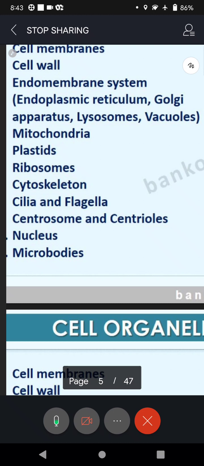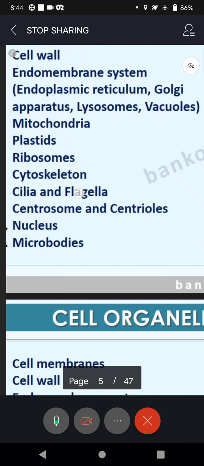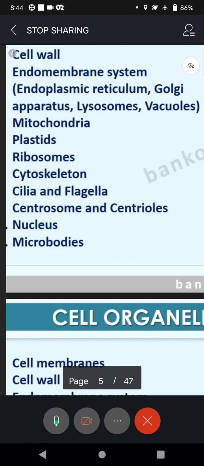And then we can see, as I said, the very prominent cell organelle, mitochondria. And normally the diagram of mitochondria will be asked. Then comes plastids. Plastids are of three types, in fact. Some of them you already know, very familiar, we see every day in plants, that is chloroplast. Chloroplasts are the plastids that help in photosynthesis.